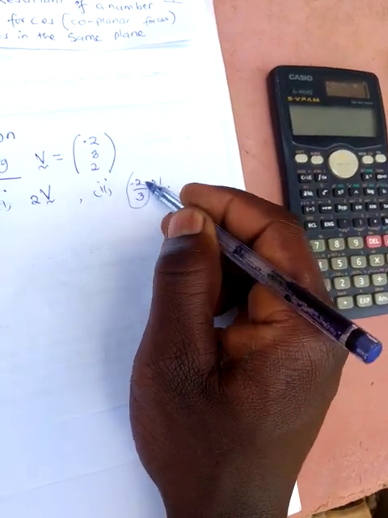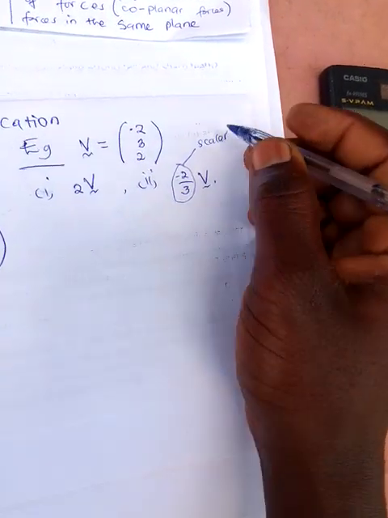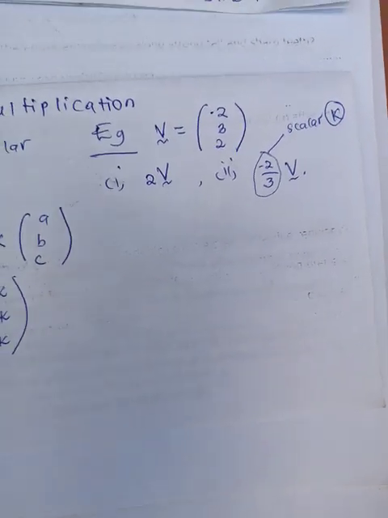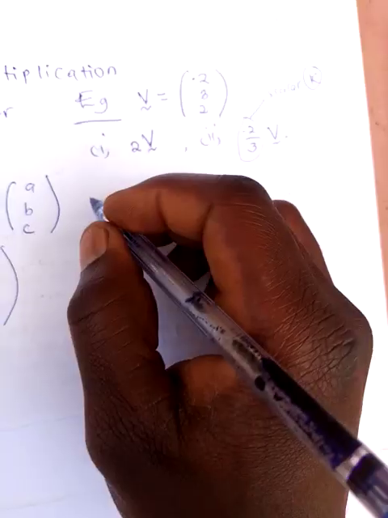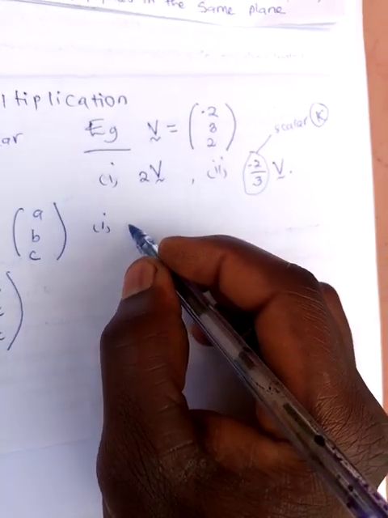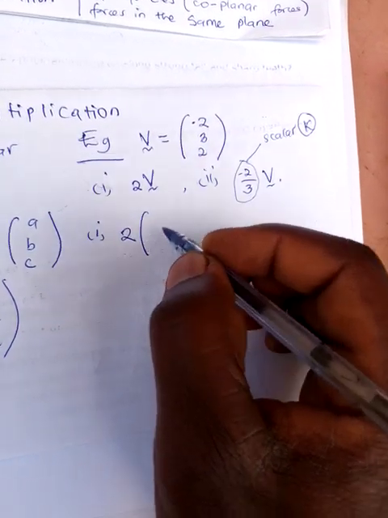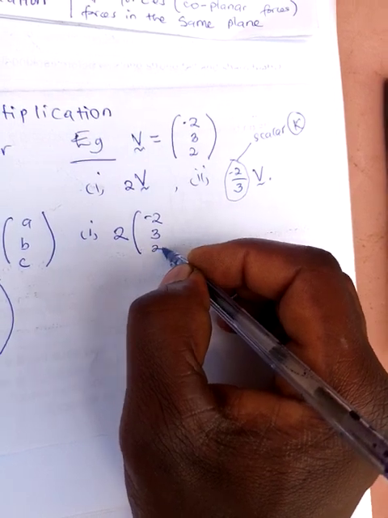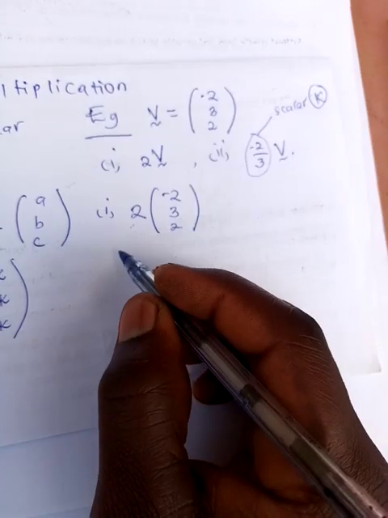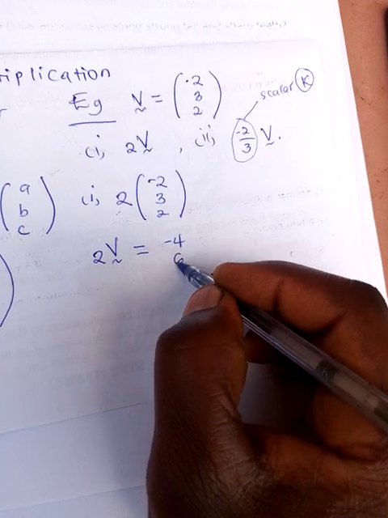So this one is our scalar, which we are calling k. For Roman numeral 1, that will be the answer. It will be 2 into negative 2, 3, 2. So this 2 is going to multiply everything and be absorbed inside there. That means 2v will equal negative 4, 6, and 4.